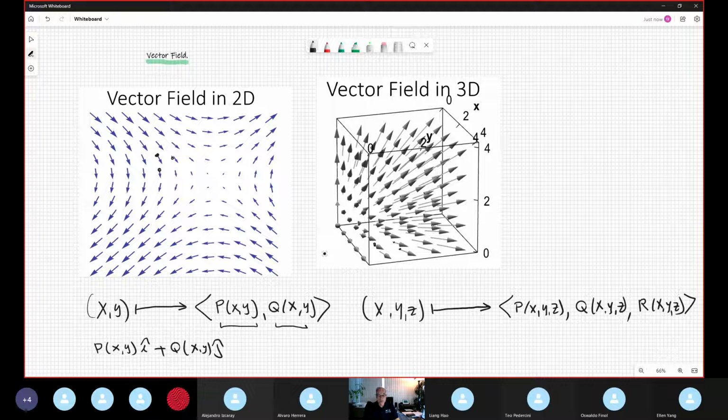Okay, in the Hamilton notation, we have P(x, y, z) i plus Q(x, y, z) j plus R(x, y, z) k. End of the story.